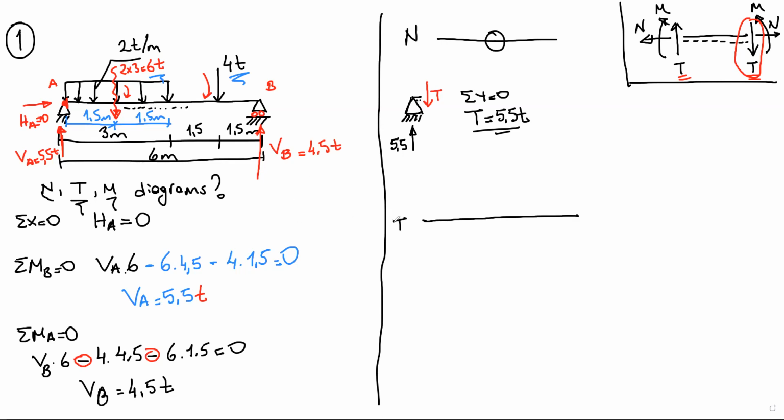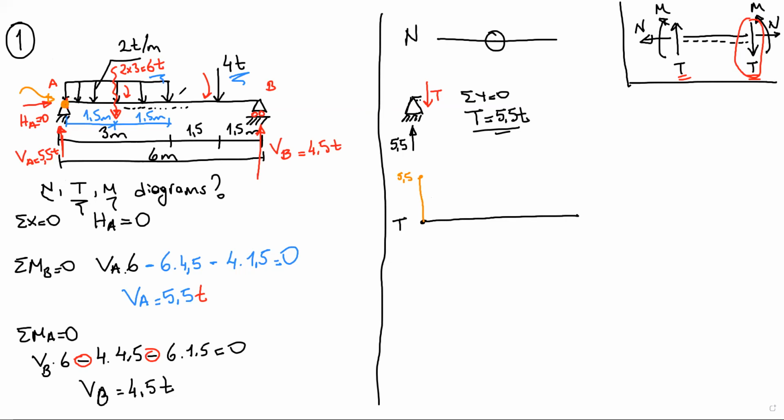Okay, we are at point A now, and we have a shear force at this point, which is 5.5. Let me draw it here, in another color. Orange. 5.5. Connect this point to here. Where are we now? We are at this point.